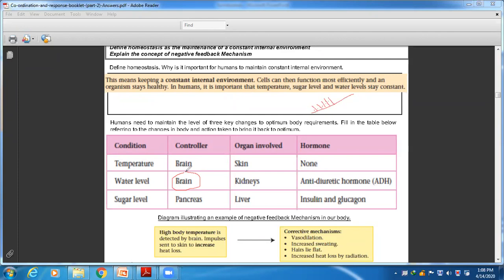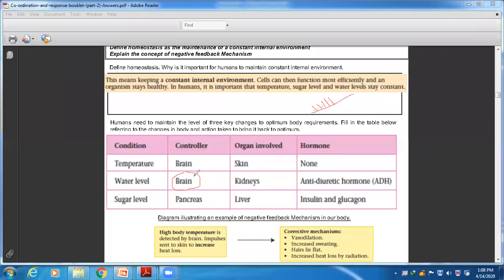One is the thermoreceptor for temperature detection. Another one is the osmoreceptor. The osmoreceptor is actually for water detection. Now if the water level increases or decreases in your body, it will be detected by the part of the brain called the hypothalamus.